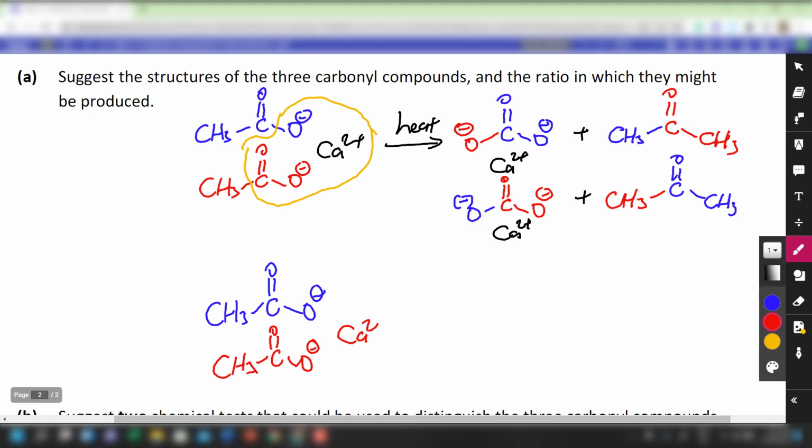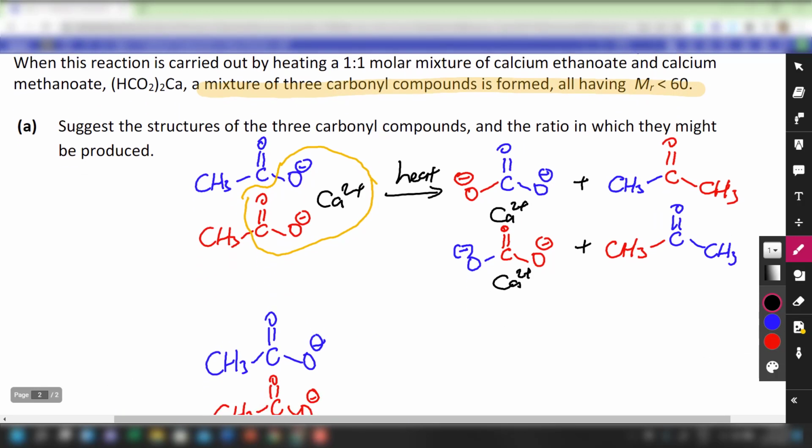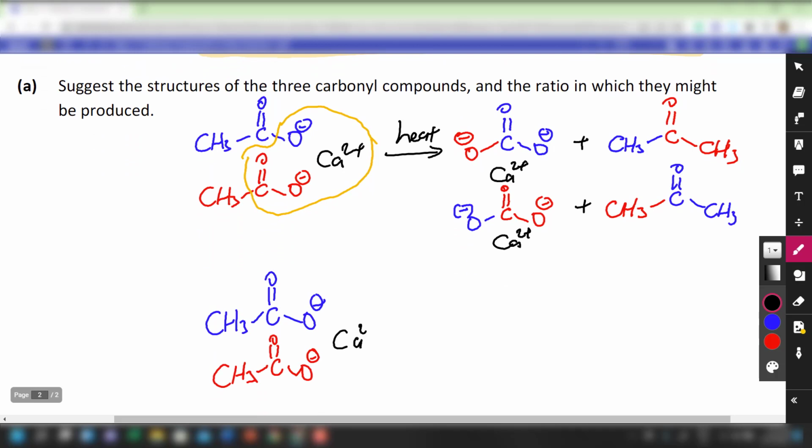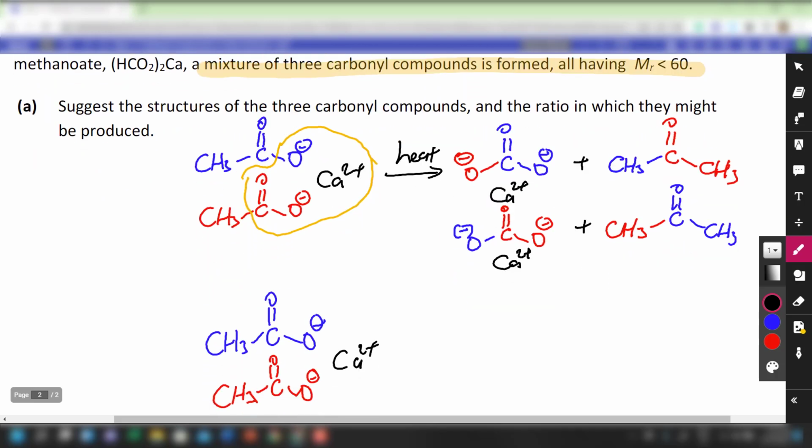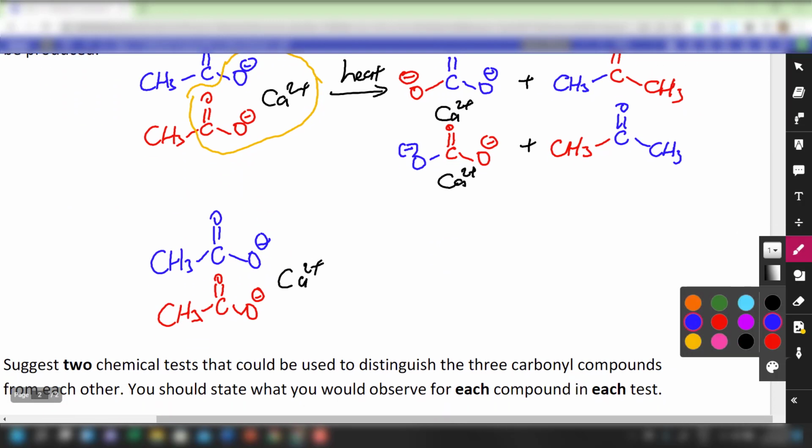Oh, sorry, I used the wrong ink. So this is calcium 2 plus, and then the other one is calcium methanoate. So I have a methanoate here. Calcium methanoate is the salt of methanoic acid. I'm going to do the same thing.